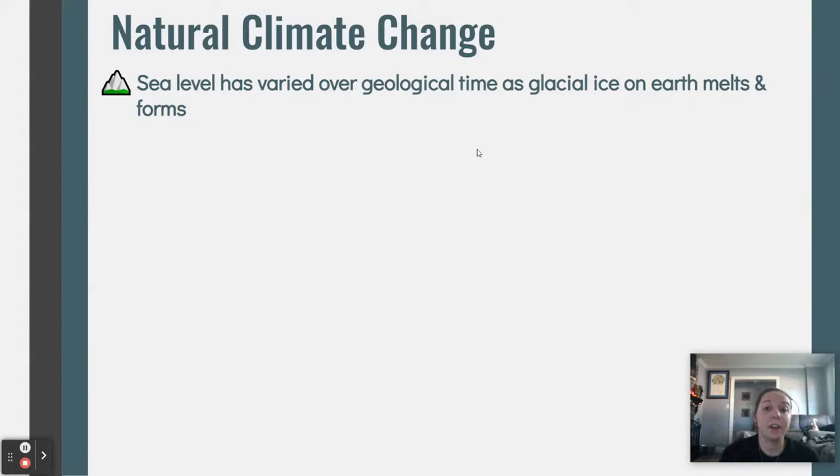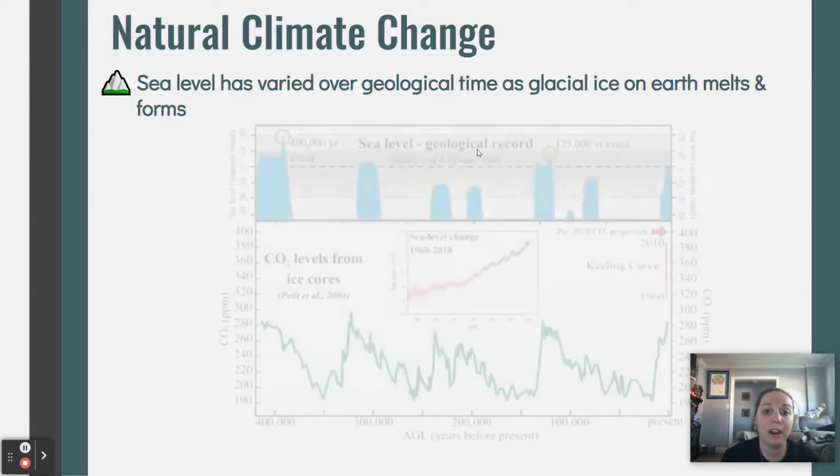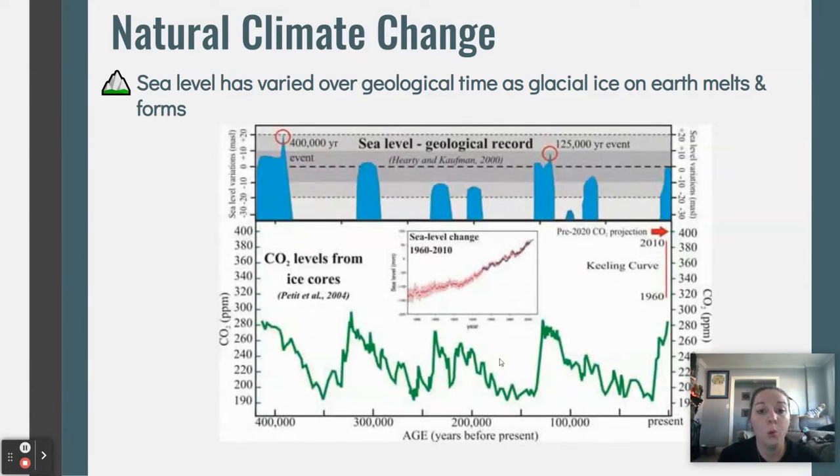So going back to that positive feedback loop I was talking about, that sea level rise is going to correlate with those higher temperatures. You can see as we have these temperature spikes, shortly after those we see the sea level rising because the ice caps are melting.